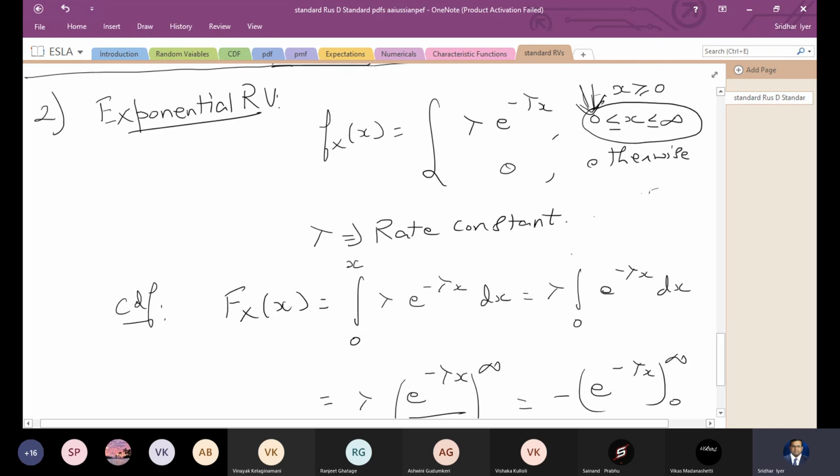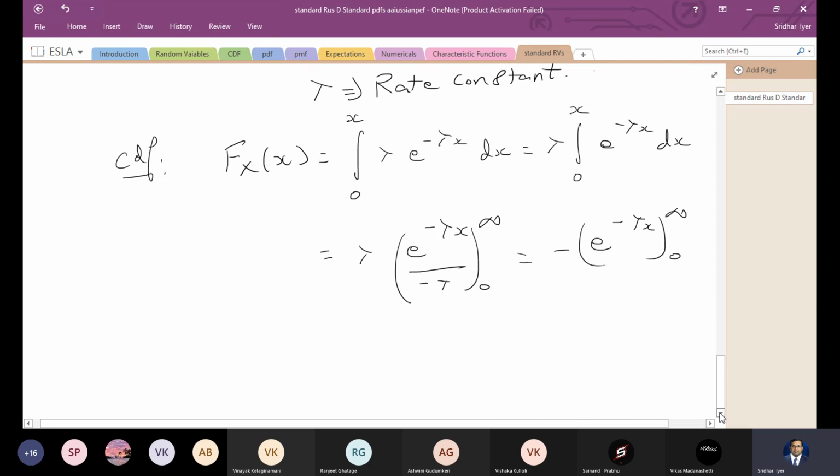If I put 0 and infinity, I will get a constant value, but that is not the CDF. That is a very common mistake that students make. They'll get a constant value and just write it as a CDF, but that's not allowed. So you are integrating from 0, the first value, all the way till some other value x. If this x is infinity, you will definitely get 1, but we don't want that value. We want this CDF at a particular point.